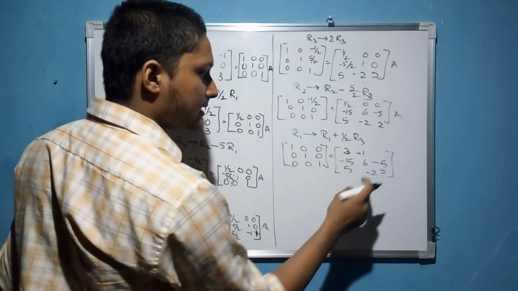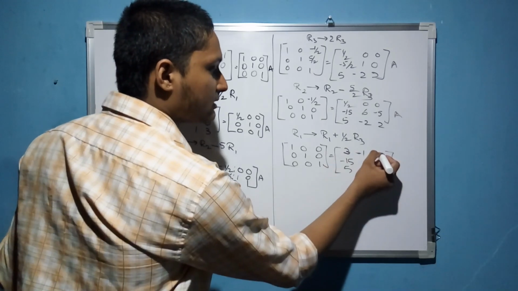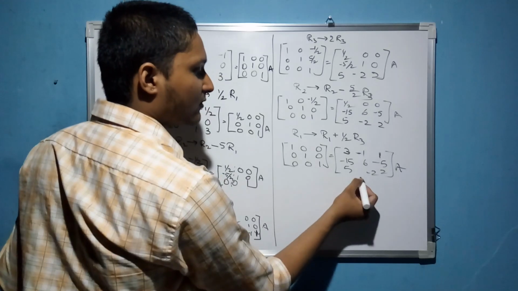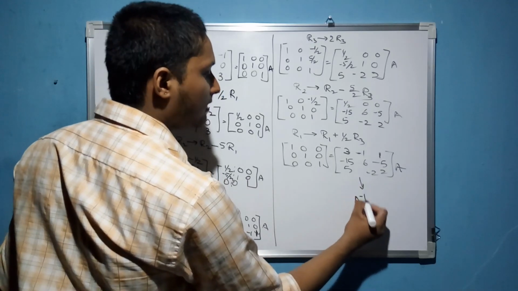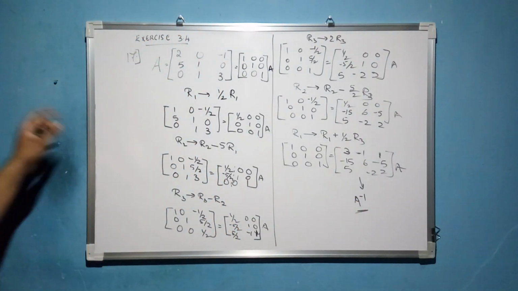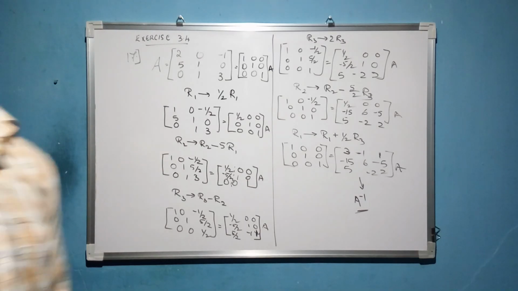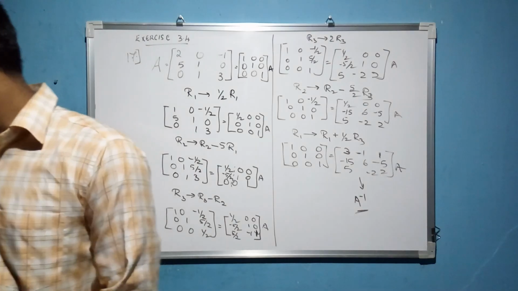Then you have 0 plus half times 2, that is 1. Therefore, this becomes A inverse. Therefore, you can write that A inverse is going to be 3, minus 1, 1, minus 15, 6, minus 5, 5, minus 2, 2. Okay, this is all about the exercise 3.4.